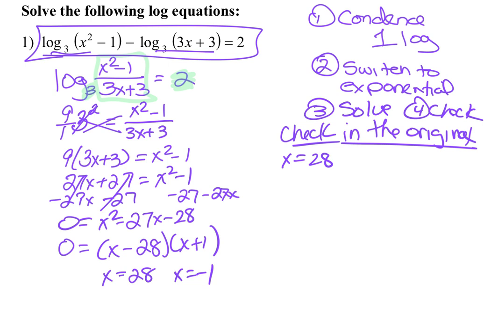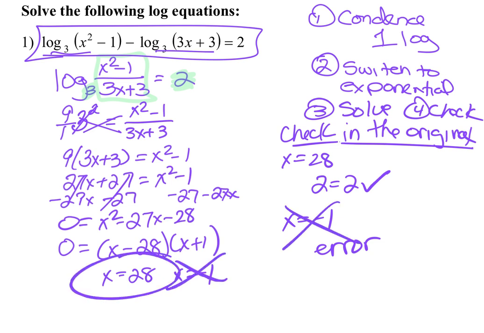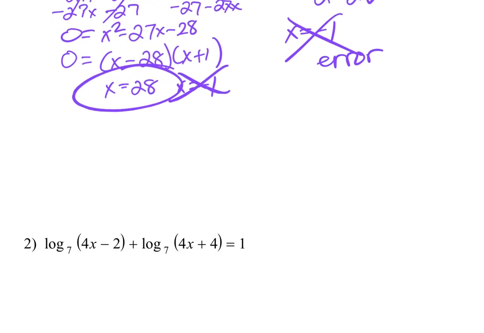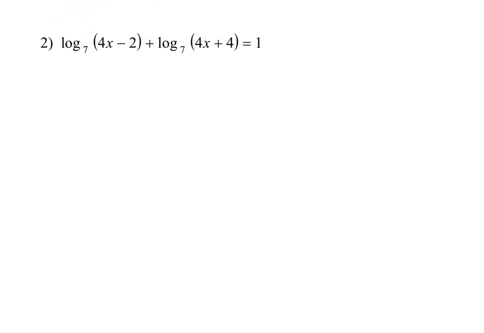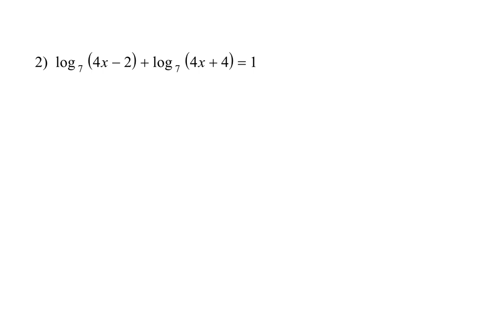We put 28 in, we get 2 equals 2. When we plug negative 1 into the same equation, we get a domain error, so this is a reject. 28 is our answer. There's really nothing new here. It's just putting all the pieces together.